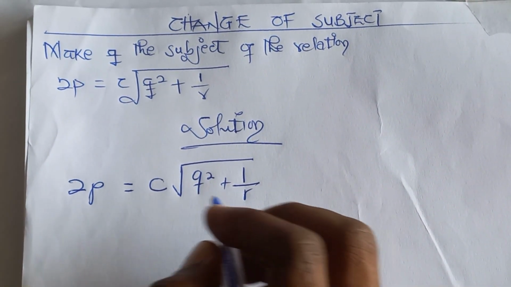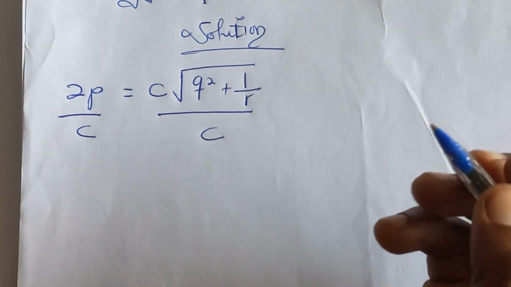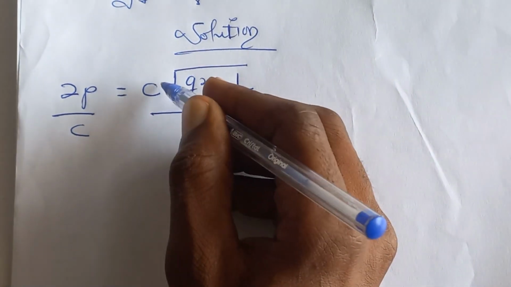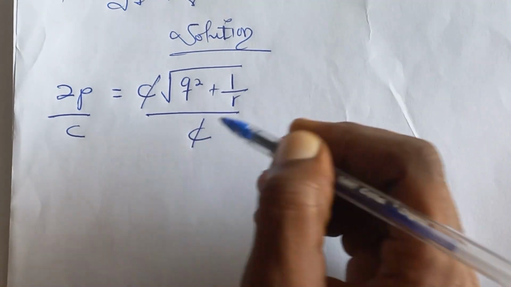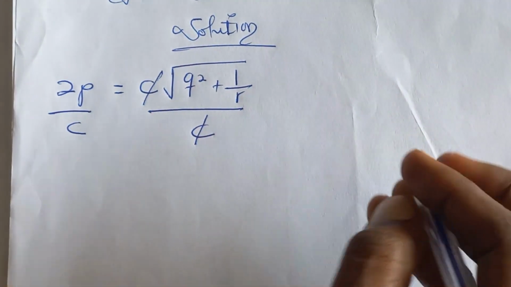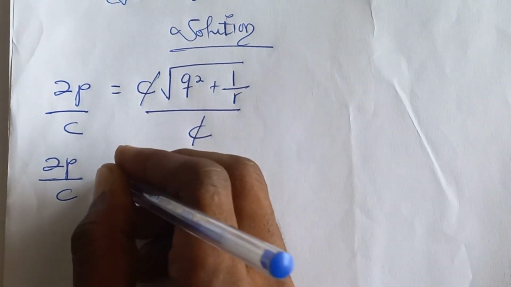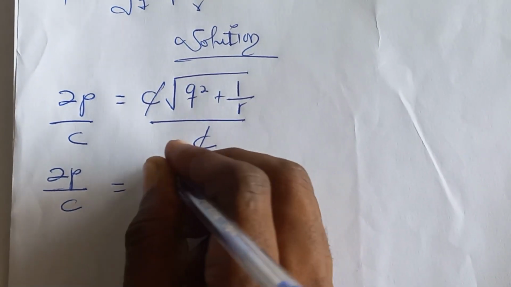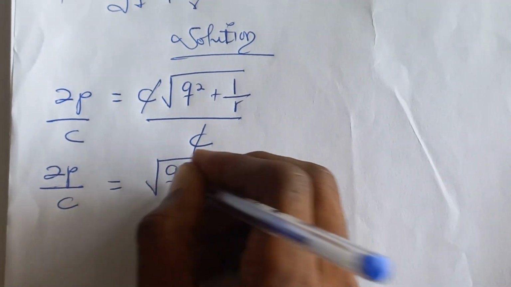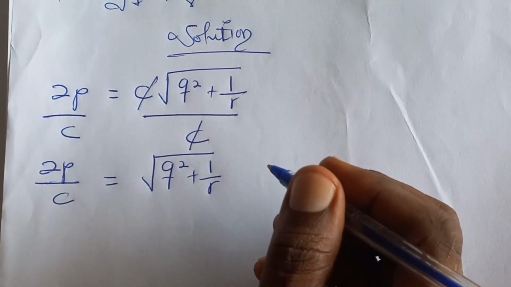So dividing through by c like this, you can see that c will cancel out c on our right hand side. So now our relation becomes 2p on c, which is equal to root of Q squared plus 1 on R. Good.